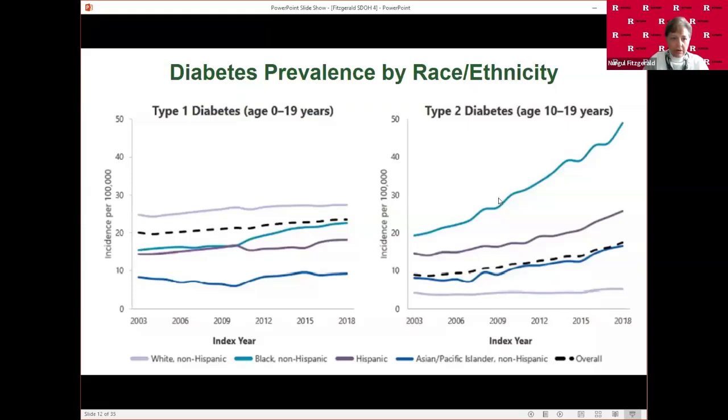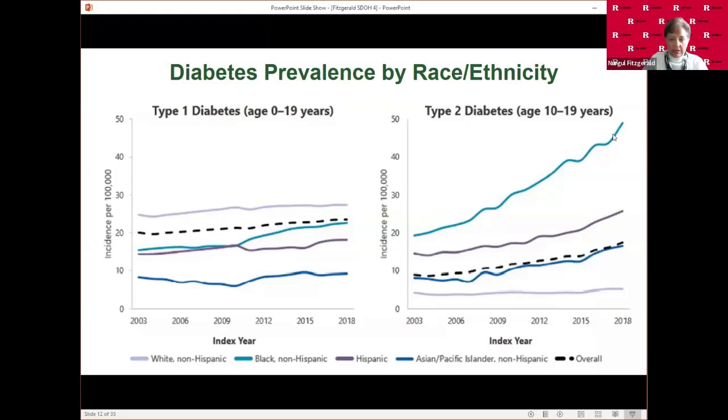These two charts show diabetes prevalence by race ethnicity among youth. I also wanted to show this because those racial disparities that we see in the previous slides are not specific to just adults. We already see these differential prevalence patterns in youth as well.